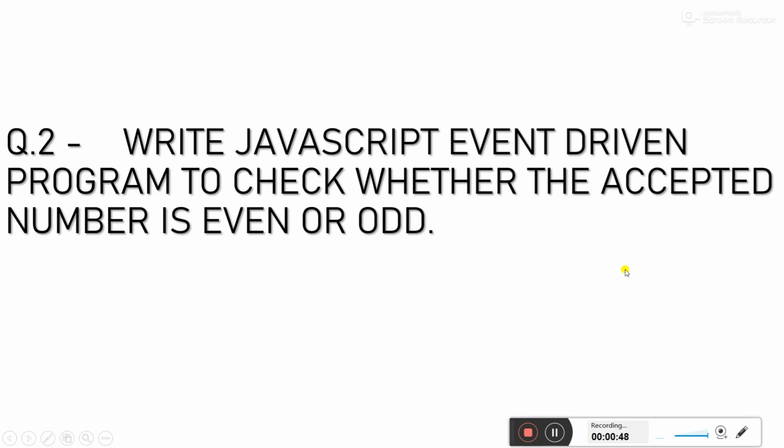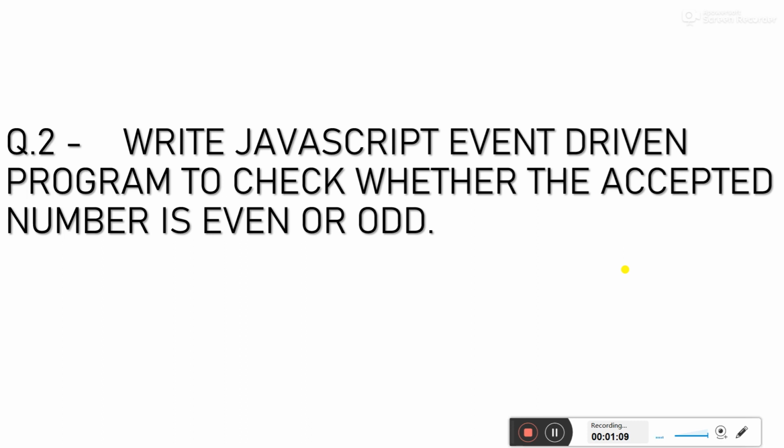Write a JavaScript event driven program to check whether the accepted number is even or odd. So here what we are supposed to do, we need to accept one number from the user. After accepting the number, we need to check whether it is even or odd.